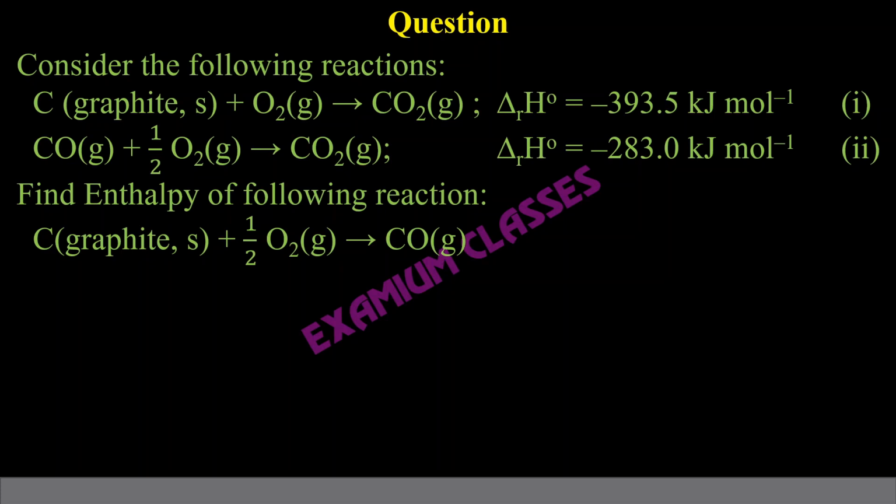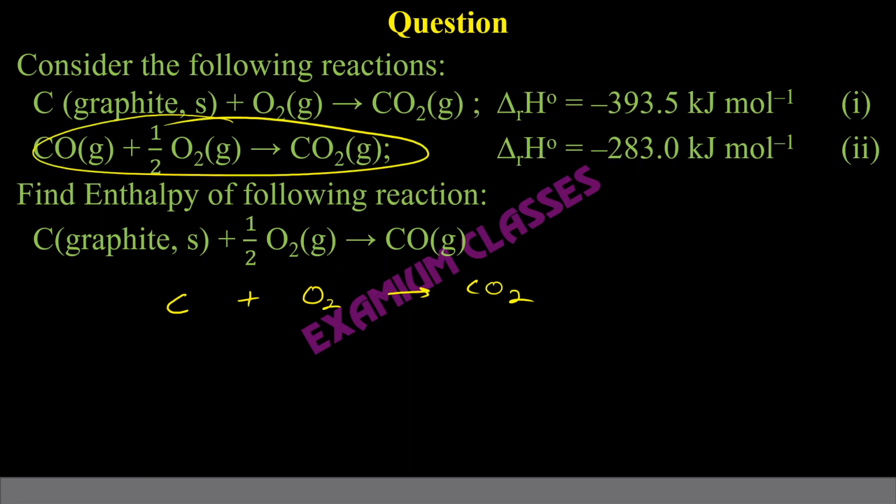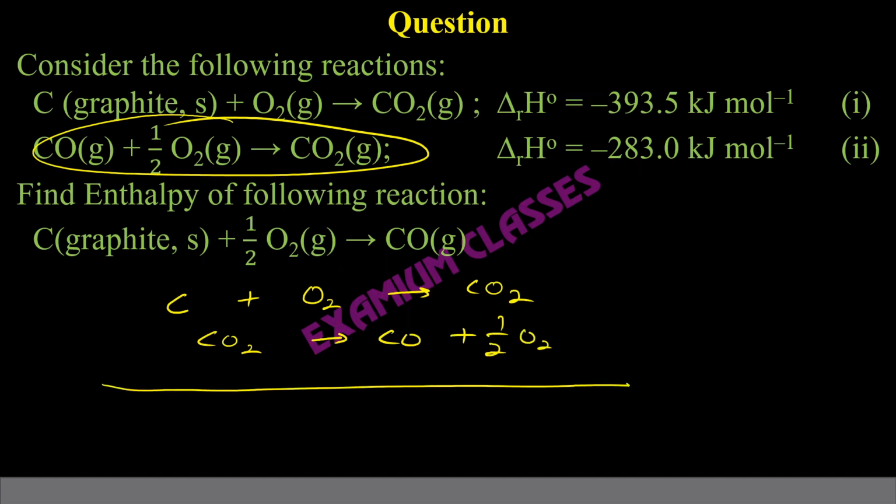So what we are doing: write first one as it is, C graphite plus oxygen gas gives CO2, and reverse this one because you will be adding after reversing it. So reverse it: CO2 gives us carbon monoxide and half O2. Now if you add these two, this is simple mathematics addition.